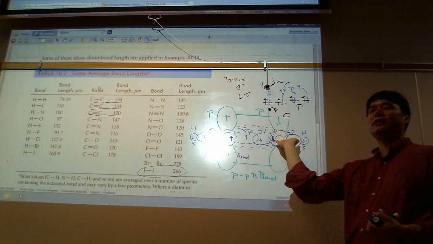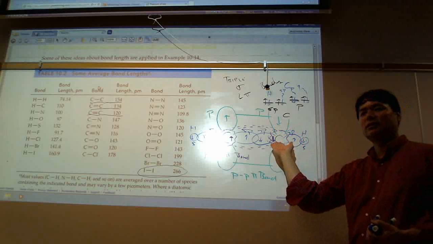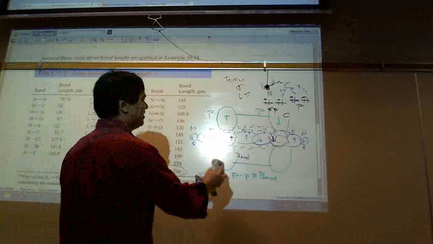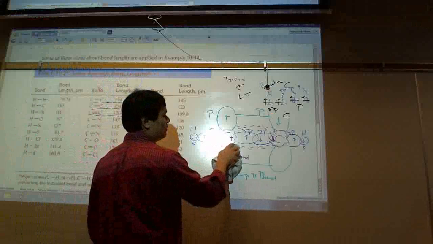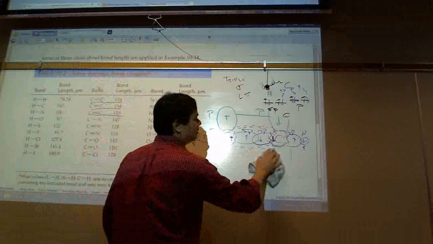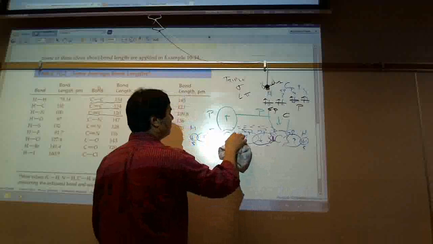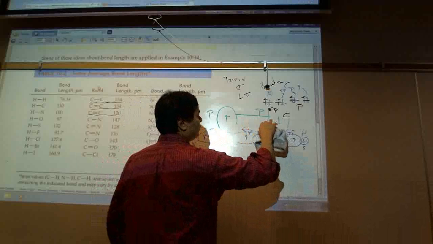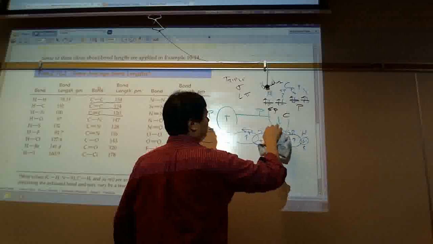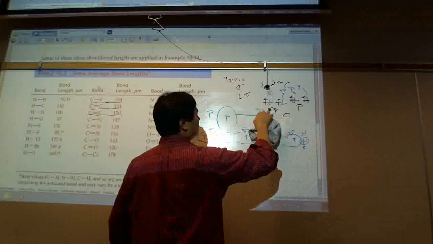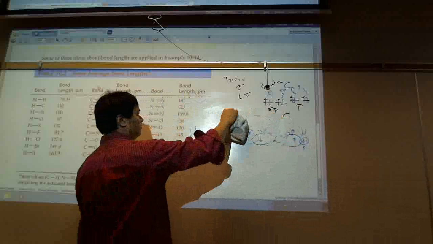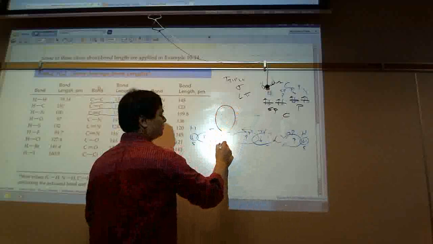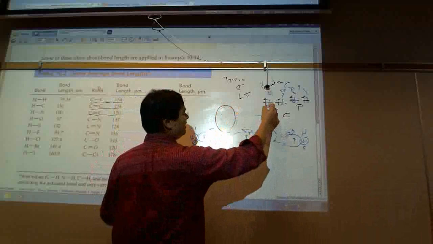I'm going to rotate it 90 degrees this way. If I take this and rotate it 90 degrees this way, then we'll put the purple bond in the plane and the green bond out of the plane. So now the purple is in the plane.